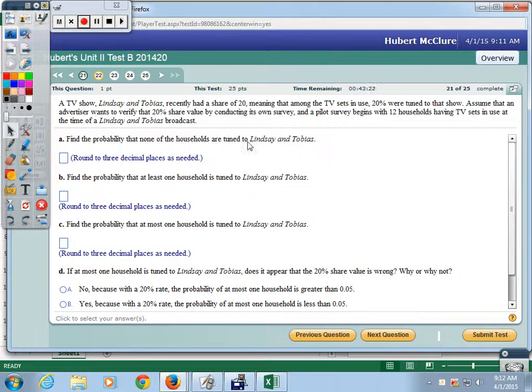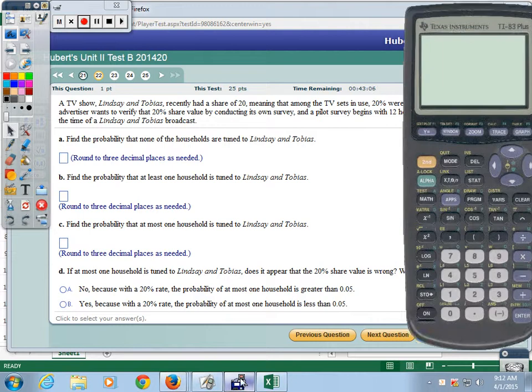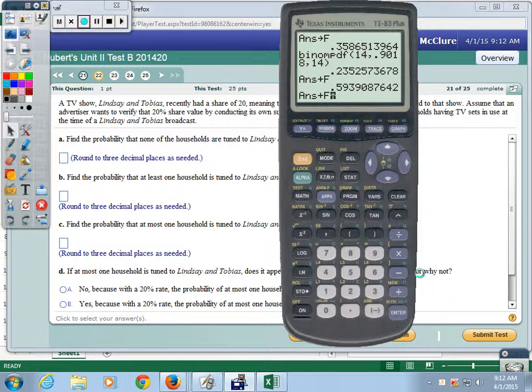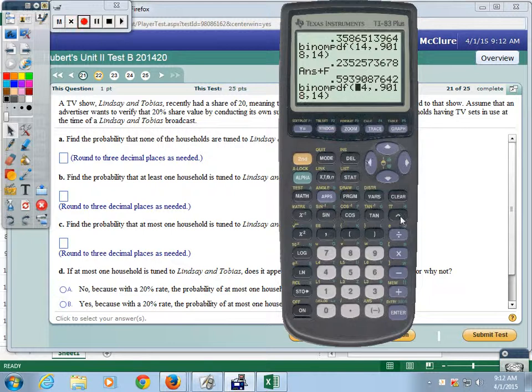All right. 12 households, 20%, none. So what would that be? Be 12, 20, and what? 0. So second function, enter. Second function, enter. 12, .2000.